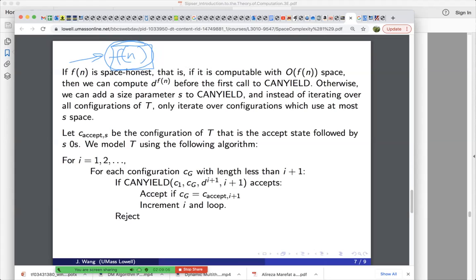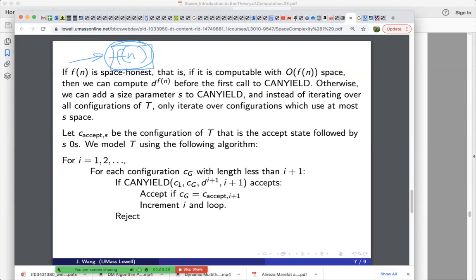So we can add a size parameter and only iterate over configurations which use at most S space. Now we let C accept comma S be the configuration of T, a non-deterministic Turing machine, that is the accept state followed by S zeros. So that means we only use S space.